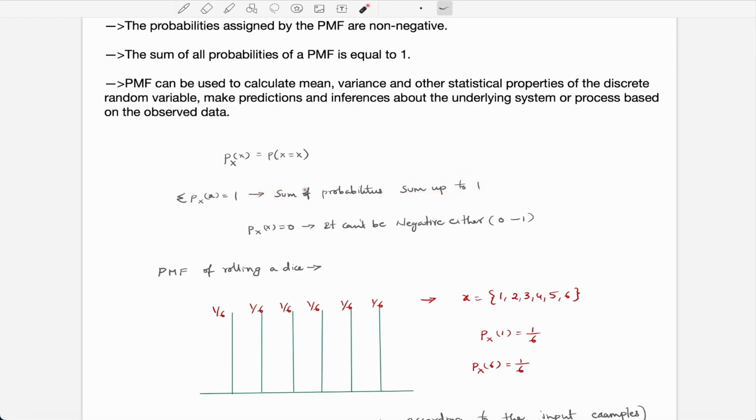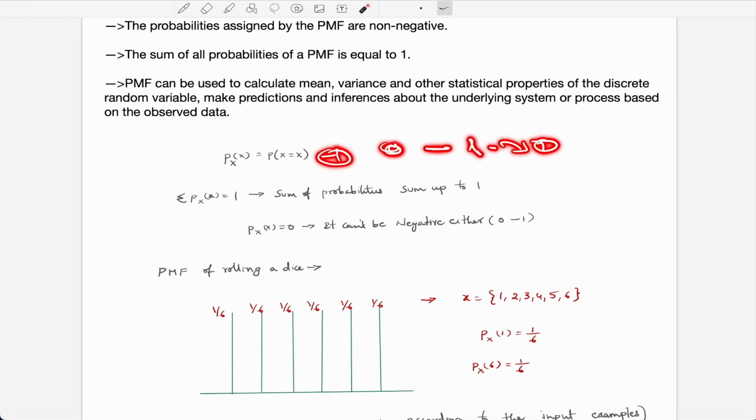And P of x is greater than or equal to 0, meaning it cannot be negative.